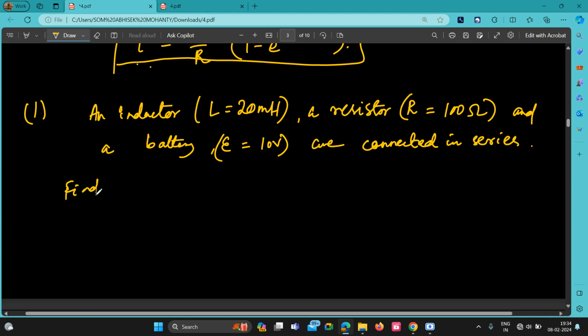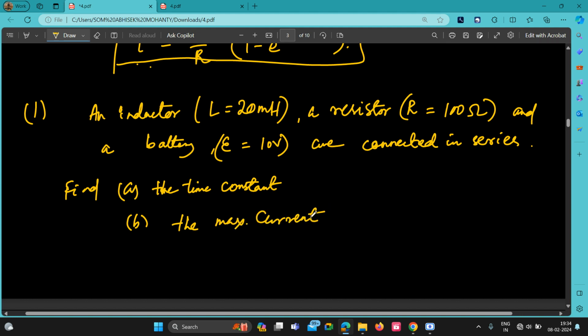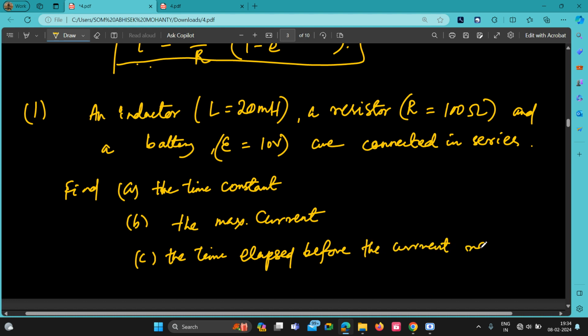Find the time constant, the maximum current, the time elapsed before the current reaches 99% of the maximum value. Is that all right?